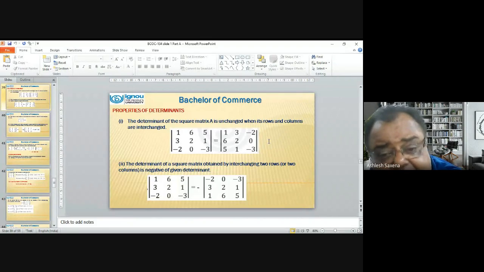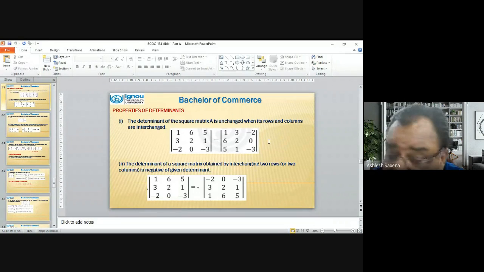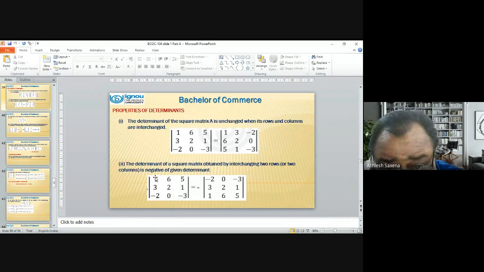The determinant of a square matrix obtained by interchanging two rows or two columns is the negative of the given determinant. What is meant by this? This is the original matrix. You have changed this, you have brought this over here.